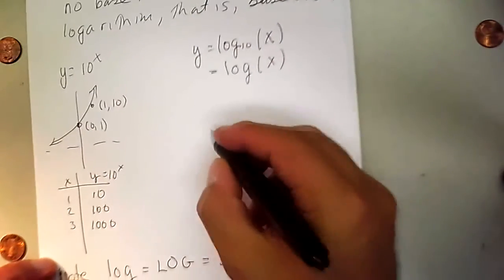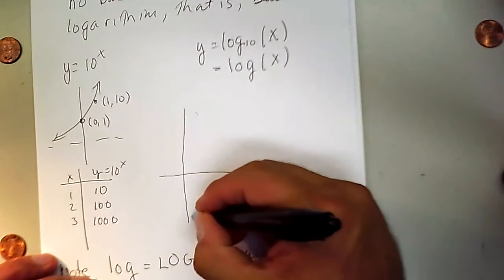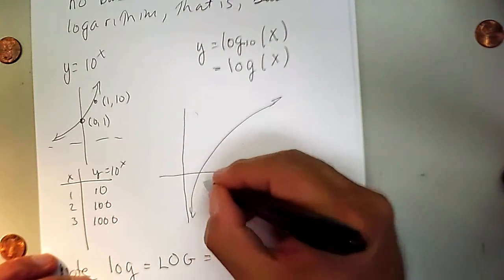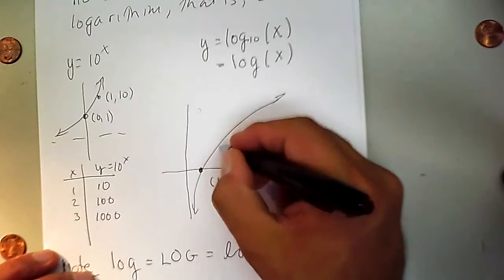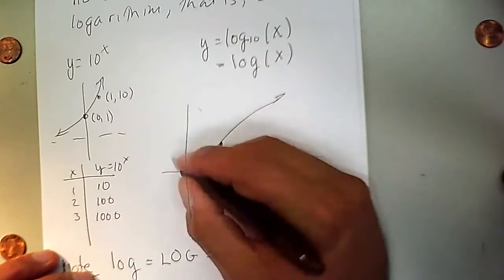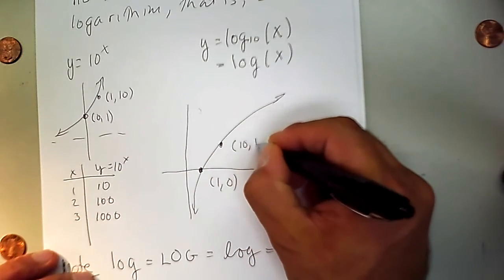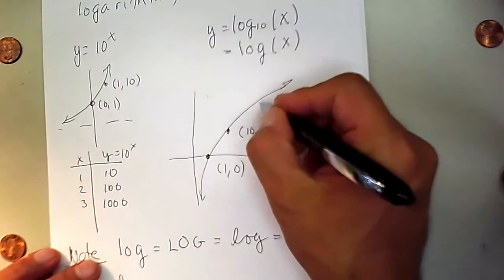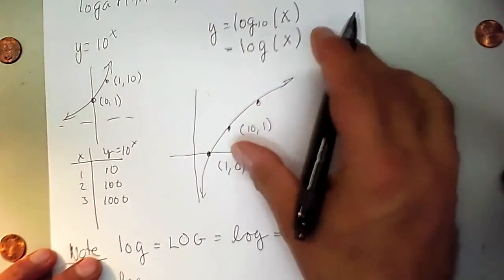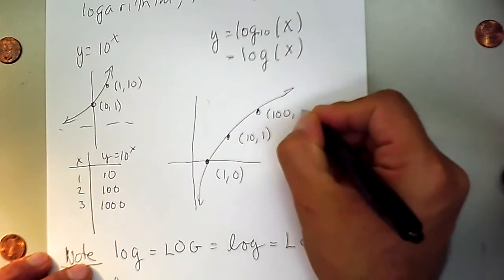The graph of the logarithm is going to look like this. It is going to go through (1, 0). There's a point here. So this is not proportionally correct, of course. (10, 1). Why? Because 10 is on it. Another point with whole number coordinates will be (100, 2).